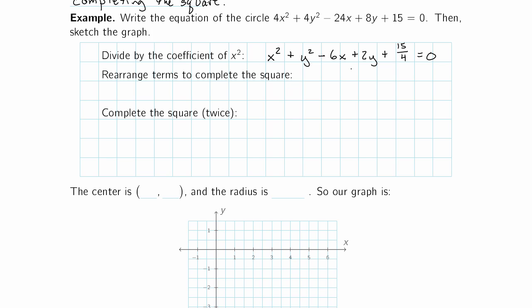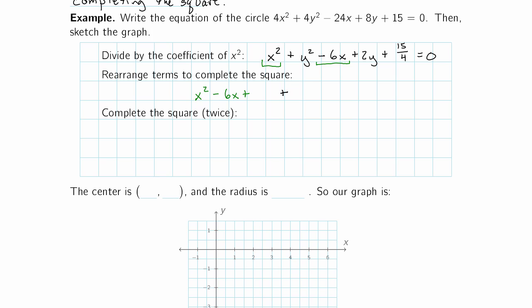Okay, now we want to arrange the terms so that we're ready to complete the square. That's going to involve putting the x terms together with space for a constant, the y terms together with space for a constant, and then moving the constant to the other side of the equation. So my x terms first. I have an x squared minus 6x. I'll write those first. X squared minus 6x plus something. I'm going to need a constant there, and I'll figure that out in a minute.